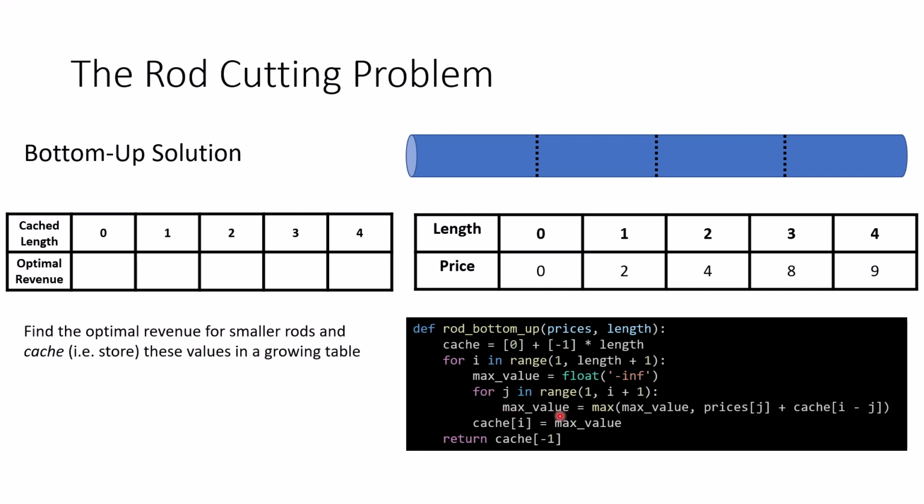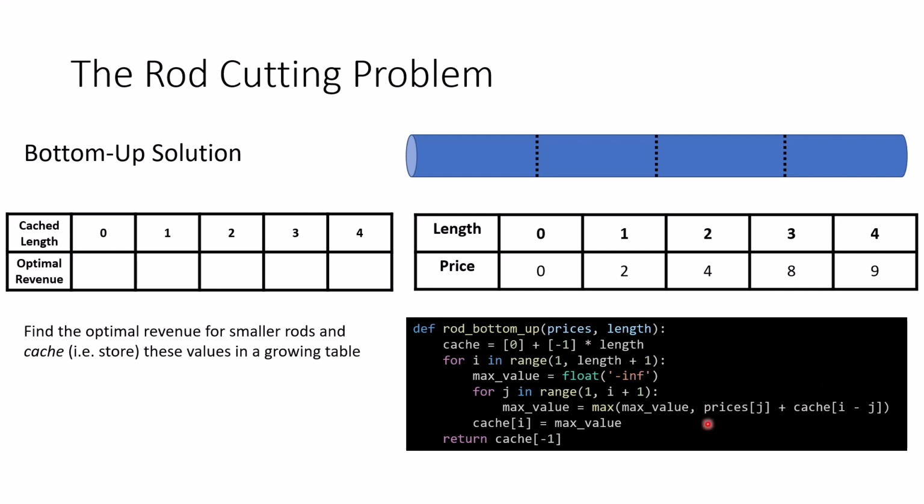What this equation is saying is that the maximum value for your rod of a certain length is just going to be the maximum value of what we have so far, and our prices array at a certain length plus some cached price, which is basically going to hold the optimal cost of the remainder of our rod.